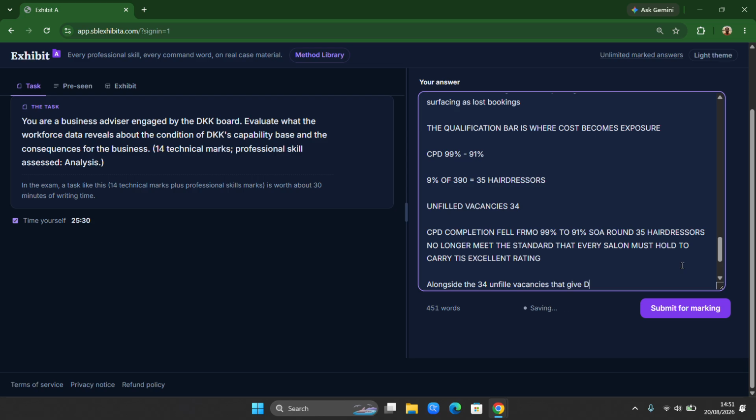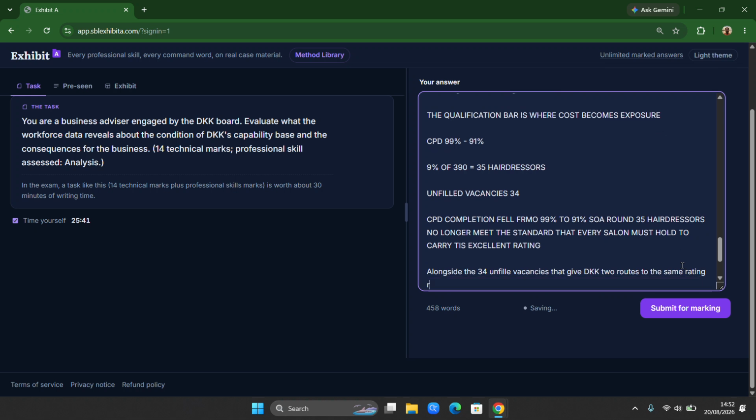That gives two routes to the same rating review: salons that it cannot staff and salons whose staff do not meet the standard.